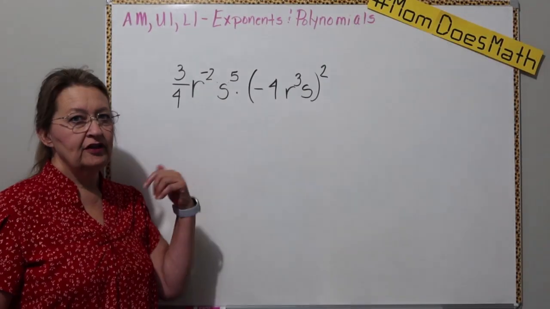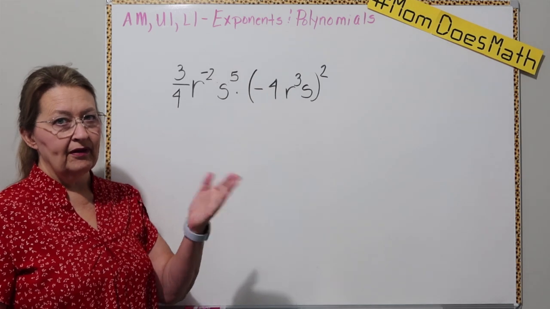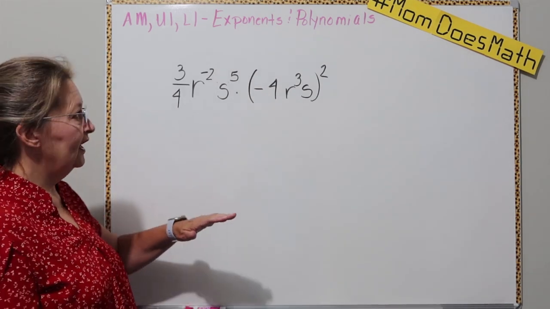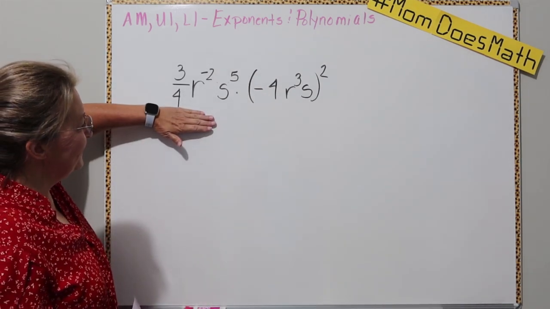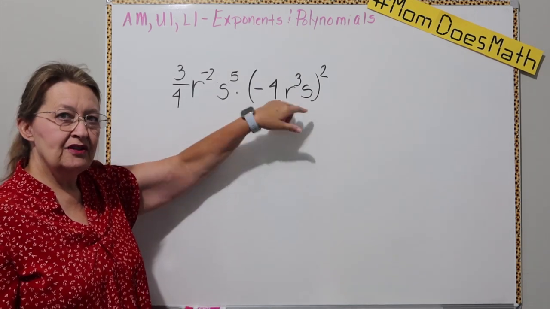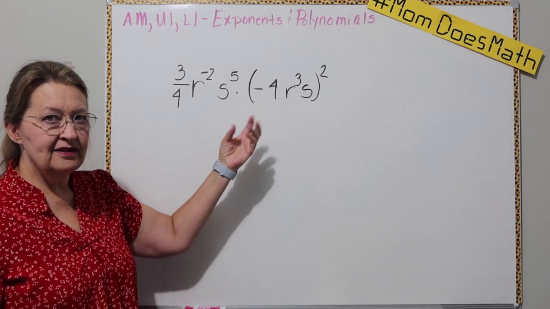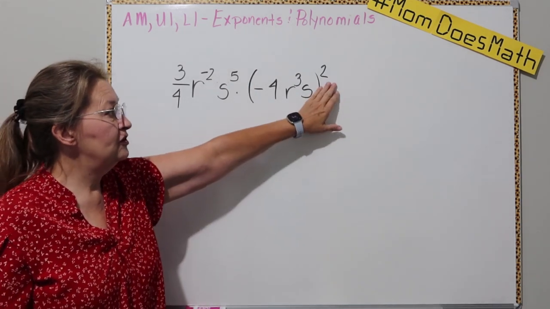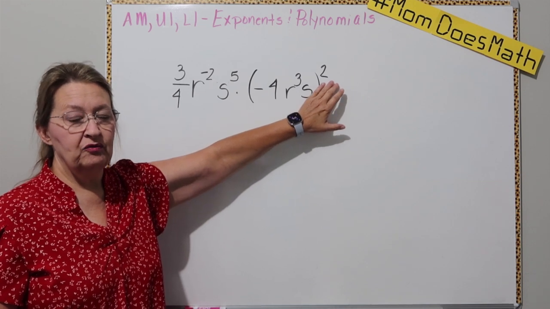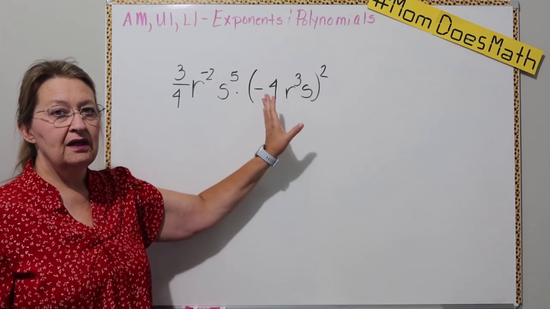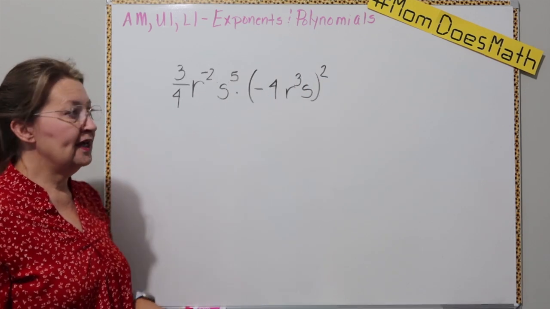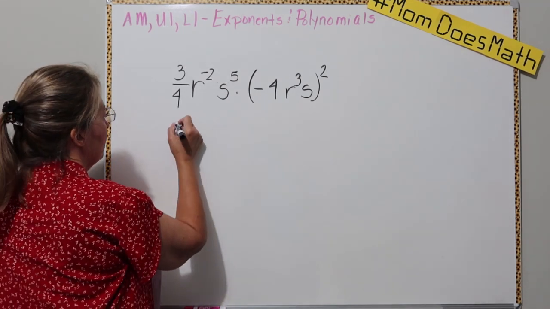Okay, when you're simplifying, you always need to keep in mind PEMDAS. That is the rule of the day. And this cannot combine with this until I get this out of the parentheses. So how can you do that? Well, I'm going to have to distribute what's outside of it, which is this exponent, into here, and then I can multiply it times this. So let's take care of that first.